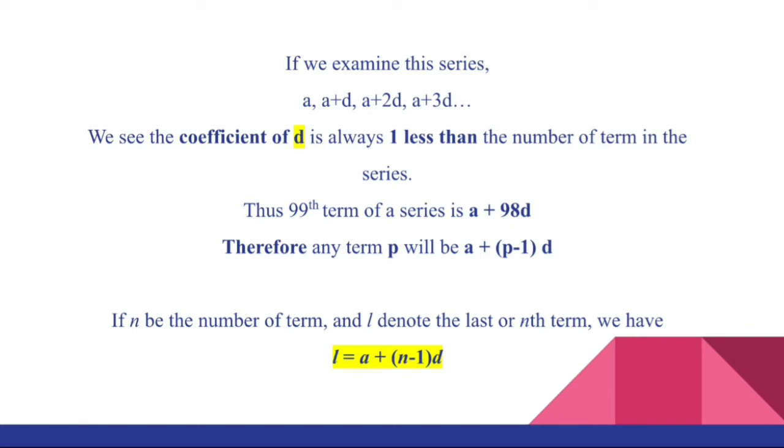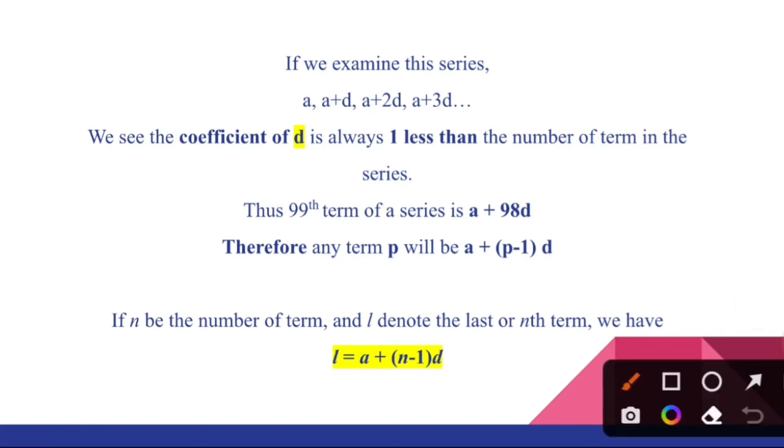That is, if we examine this series, a, a plus d, a plus 2d, a plus 3d, what you see is that the coefficient of d is always less than the number of the term. How? The first term is a, and the second term is a plus d.